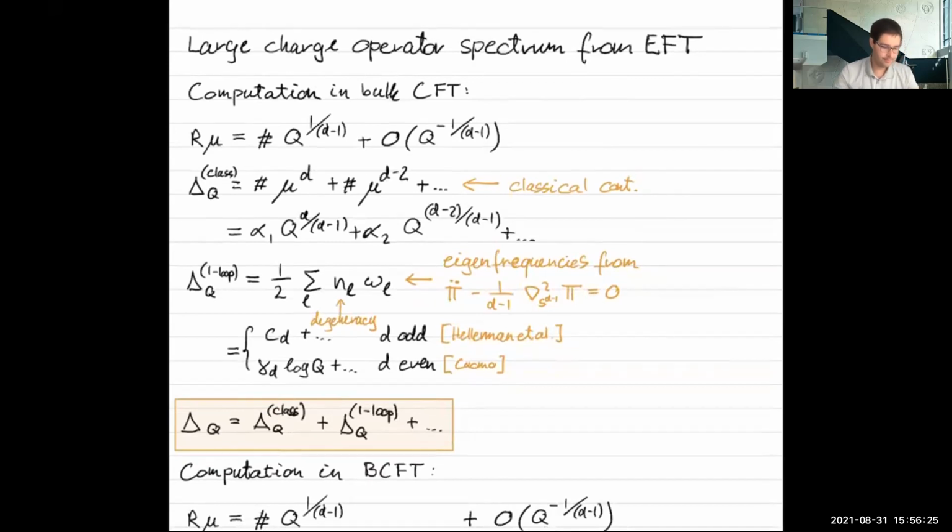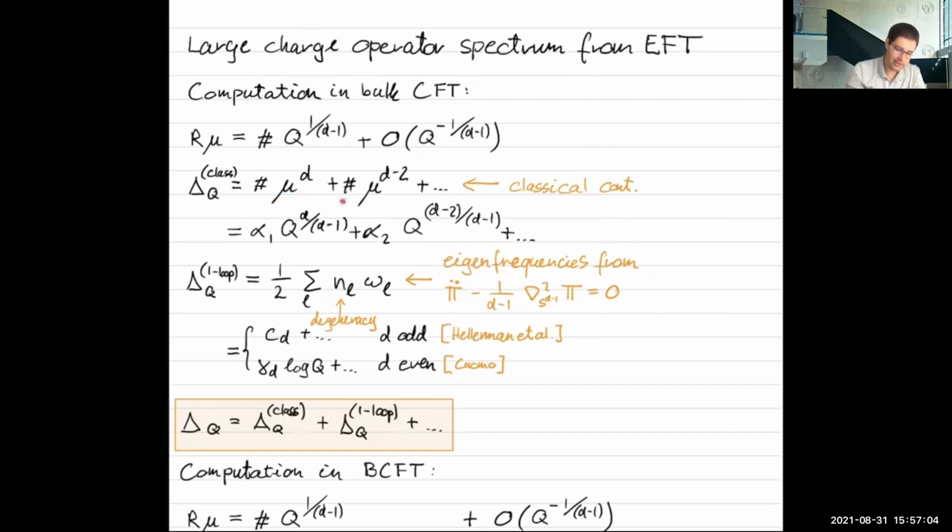So let's quickly go through how this computation goes in the bulk, because it will be completely analogous here. Fractional dimensions, fractional powers of the charge, have their origin in the relation between mu, or r times mu, where r is the radius of the cylinder, and Q, which simply comes from dimensional analysis. This is the equation of state of the superfluid. Then we get the classical contribution to the scaling dimension by evaluating the on-shell action. It starts as mu to the d, coming from d chi to the d.